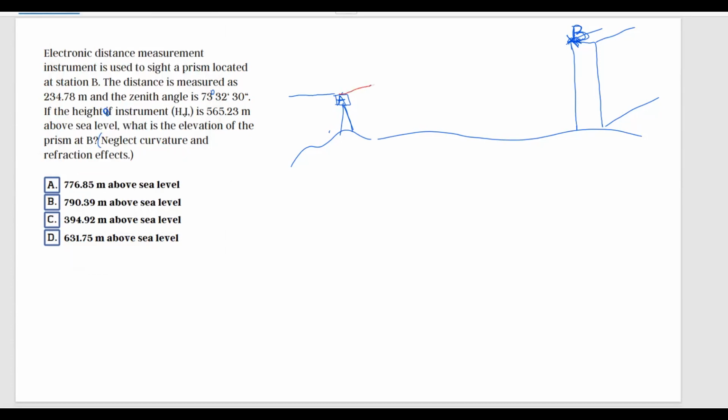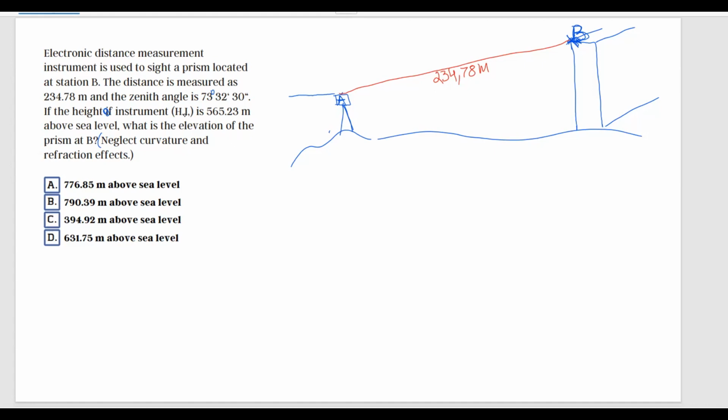So we're measuring A all the way to B. And this distance is set to be 234.78 meters. And then we're also given the zenith angle is 73 degrees.